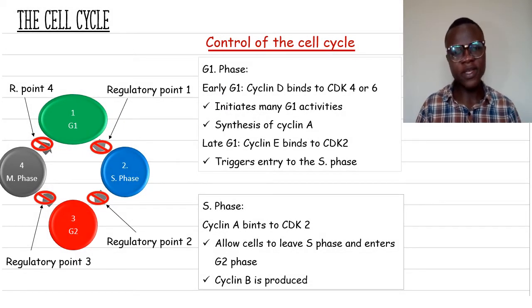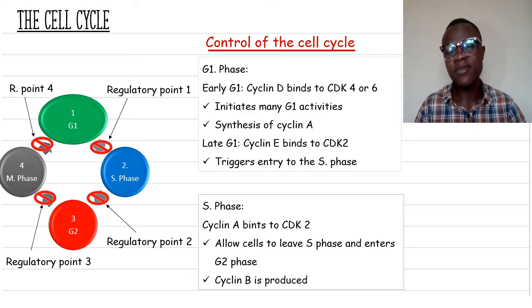Alright, let's begin with the G1 phase. At the early stage of the G1 phase, you have cyclin D binding to either cyclin dependent kinase 4 or 6. When this happens, the G1 activities are stimulated, meaning the cell carries out metabolic functions and all sets of activities.